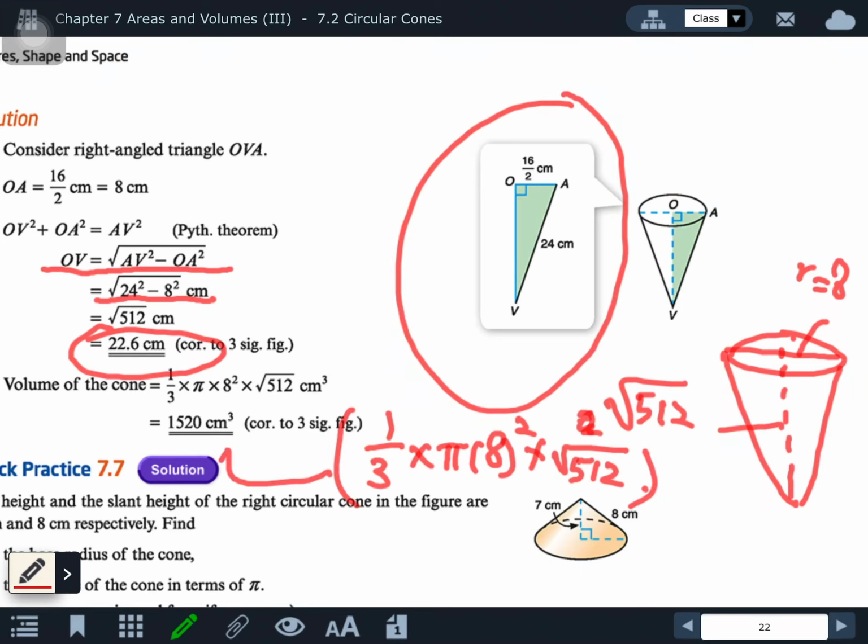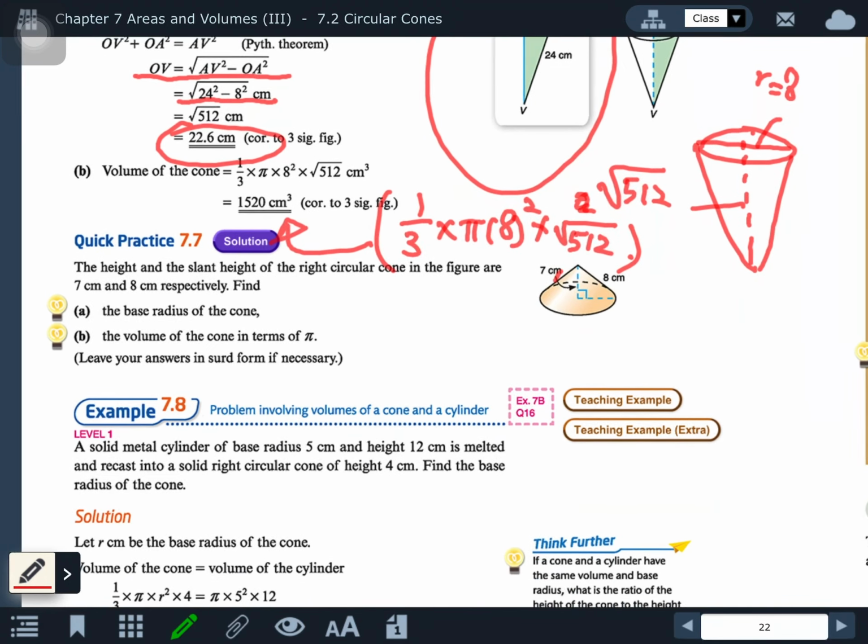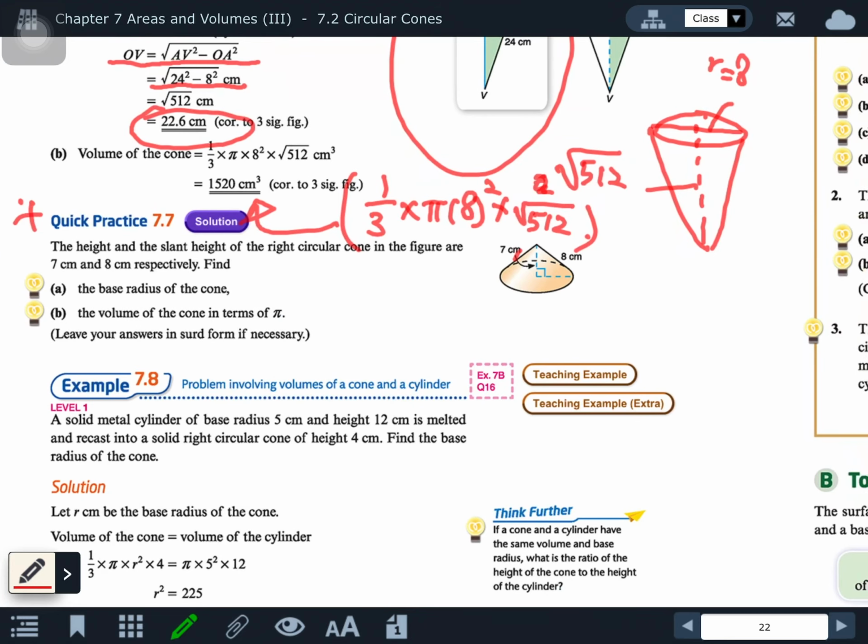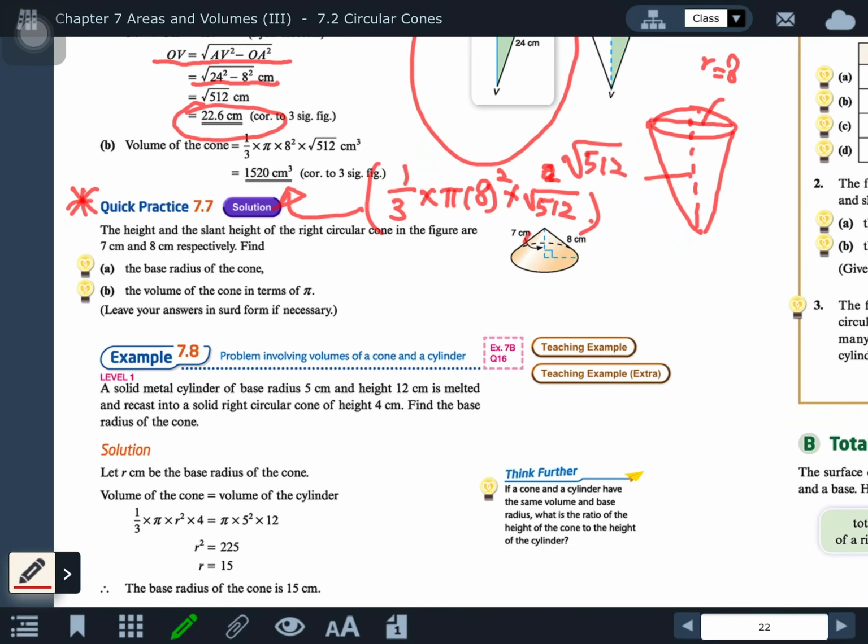By using this formula, we get the volume of 1520, corrected to three significant figures. So if we know how to calculate the pyramid, we apply almost the same formula to the cone, but with the circle base, pi r square. You can try quick practice 7.7 by yourself.